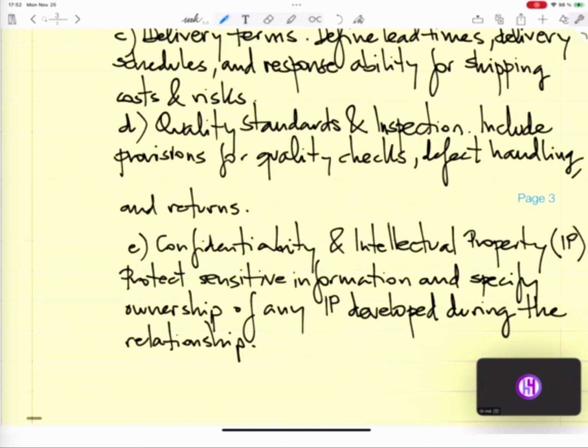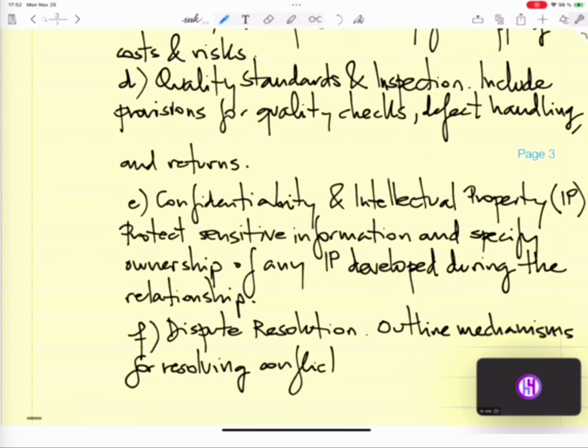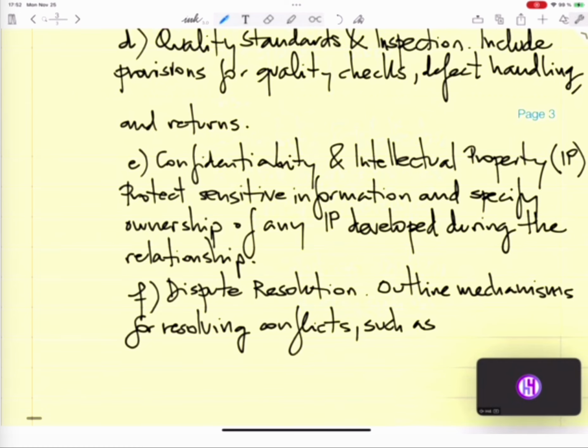Okay, and then F, dispute resolution. Outline mechanisms for resolving conflicts such as mediation or arbitration.